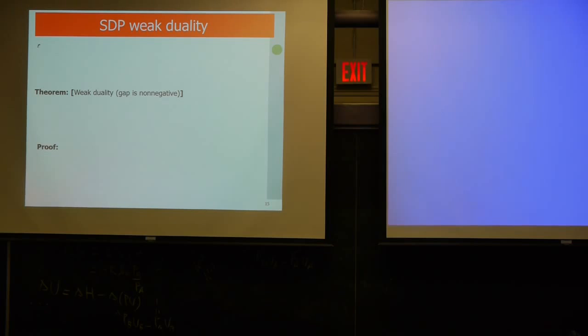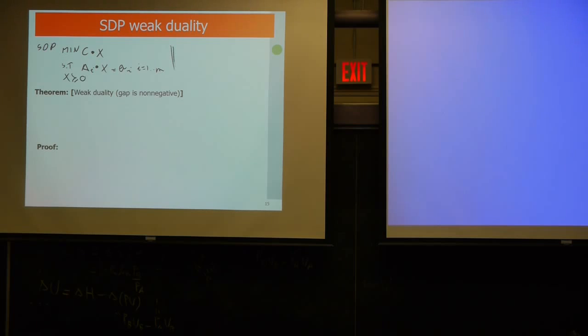So this is the primal SDP. We want to minimize the inner product between C and X subject to the inner product between A_i and X being some b_i. We have m of these constraints, and X is PSD, right?